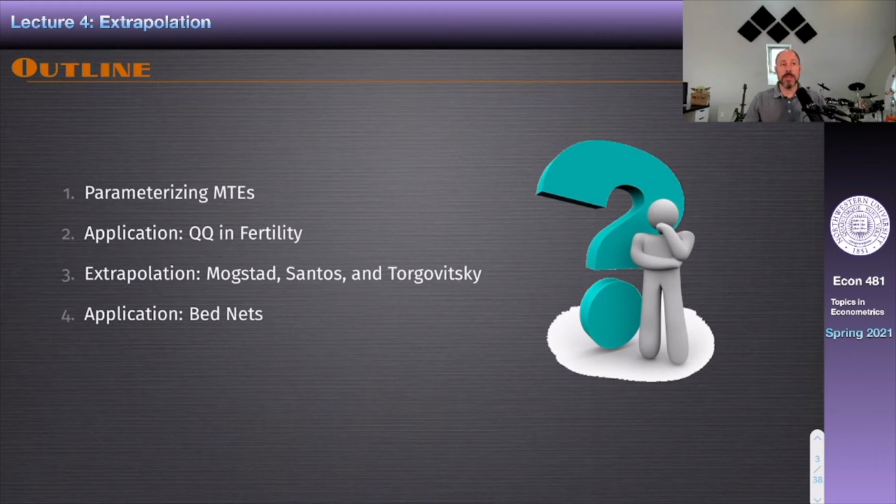They have an application to bednets, which illustrates that things are feasible, because one thing that will happen with this paper is that when you look at the theory, you may wonder or have concerns about whether things are really feasible or not, or computationally tractable, if you want. So the application will help us get a sense of whether that's the case or not.